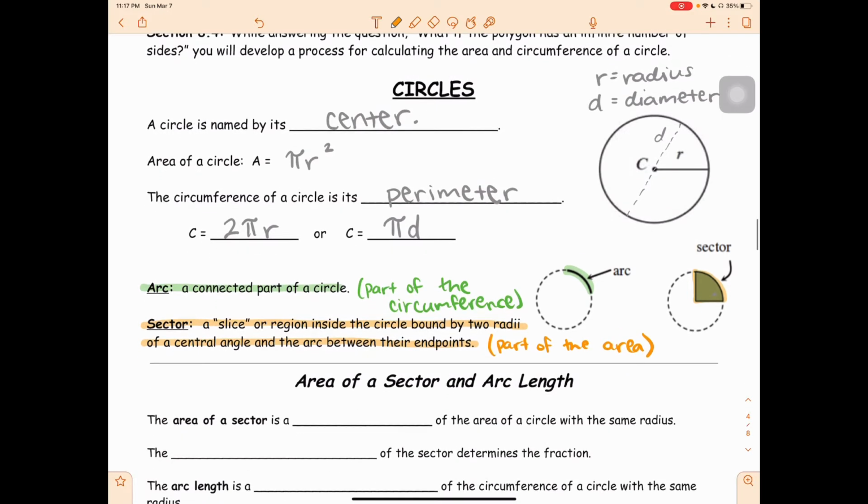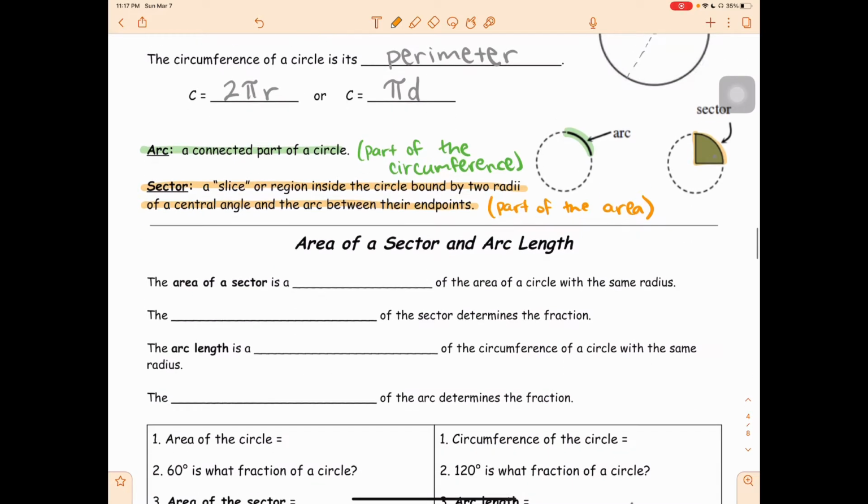So let's go ahead and see down here, there's a few more definitions. So the area of a sector is a fraction of the area of a circle with the same radius. So it obviously has to be within that same circle from the center out to the edge of the circle, and that is the radius.